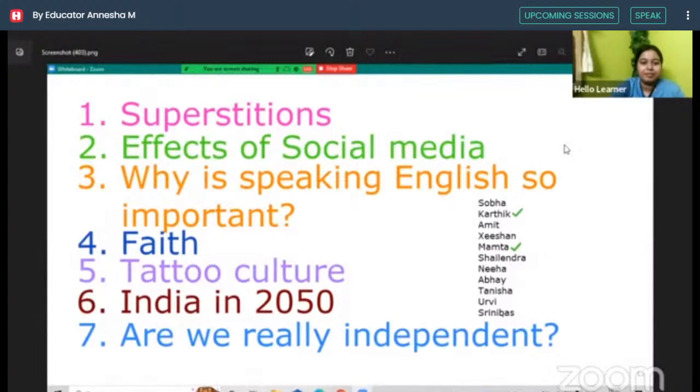As we are standing at the end of 2022, and 2050 is also in the 21st century, we all know that we have developed a lot of technologies. We have improved in the technology sector.